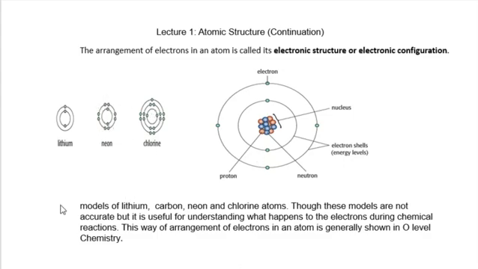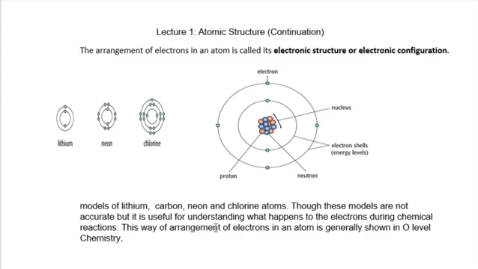In this picture, I showed models of lithium, and then carbon, and then neon, and then chlorine. This is not an accurate way of representing electronic configuration. But this way helps us to understand the electrons involved in reactions.